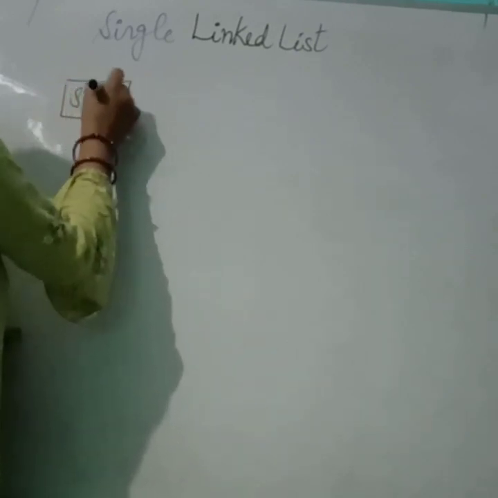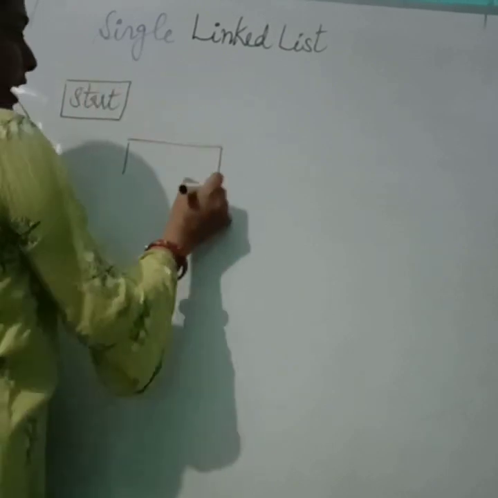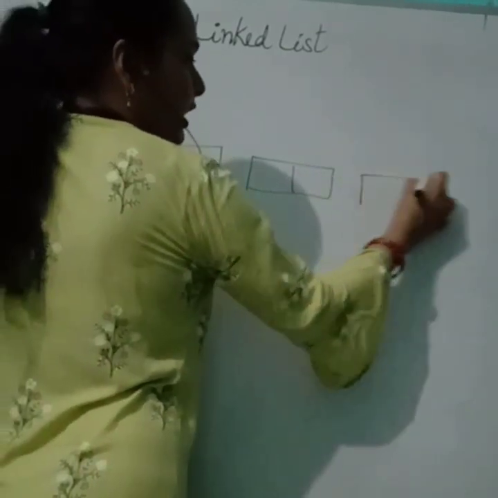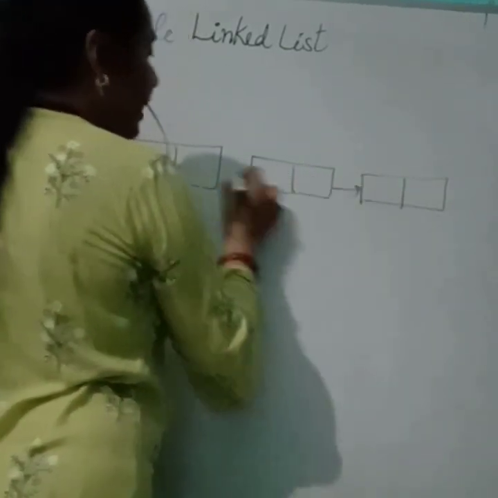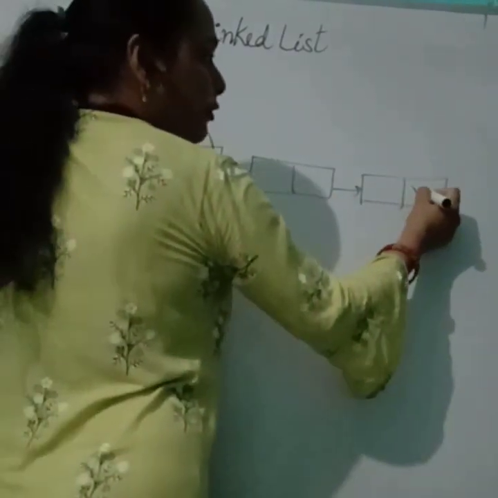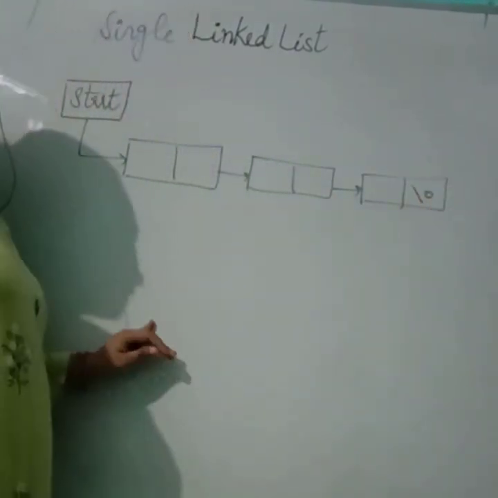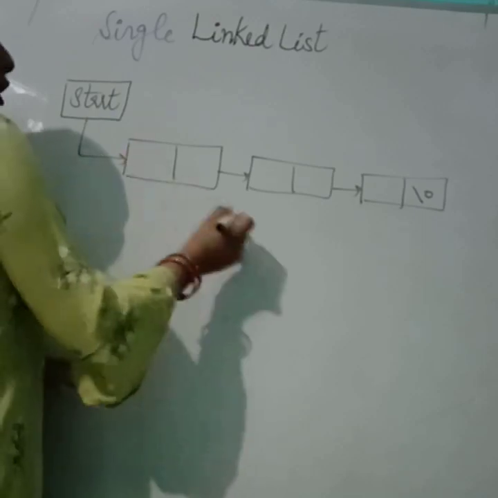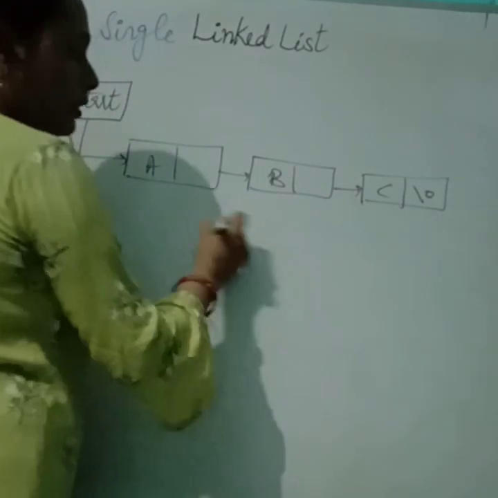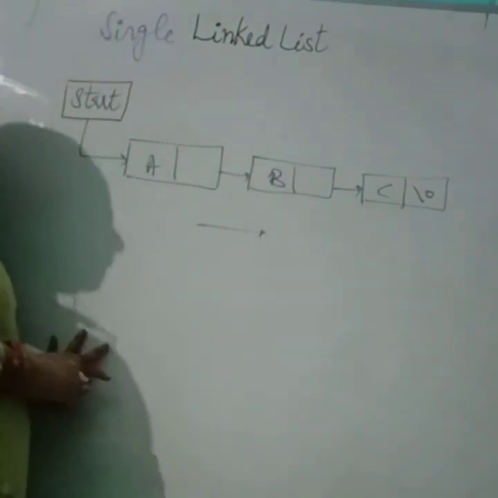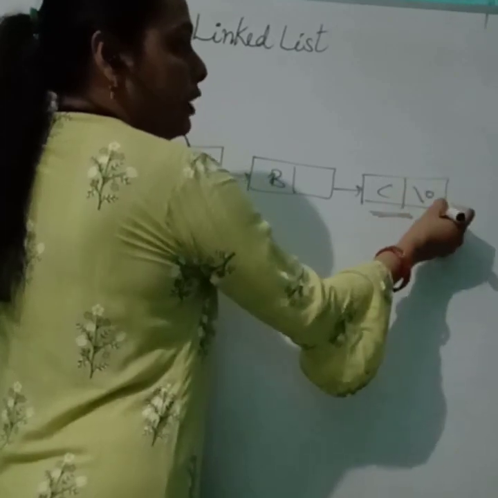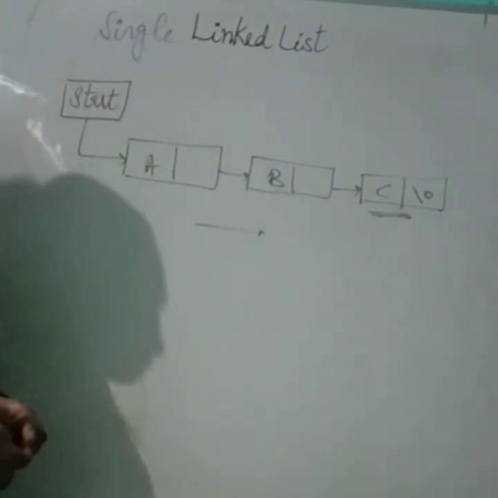Single linked list says that we can traverse only in one direction, that is forward direction, and the last node of the list will contain the null value at the next address part. So, if this is the single linked list which is having 3 nodes, we can move in this direction only, and the last node will have a null value at the address part.